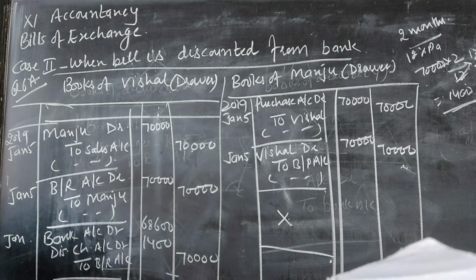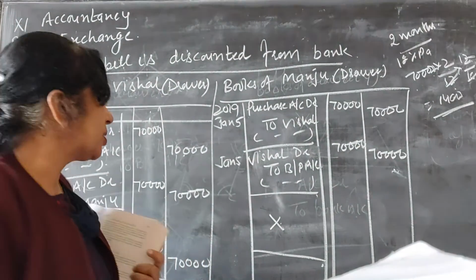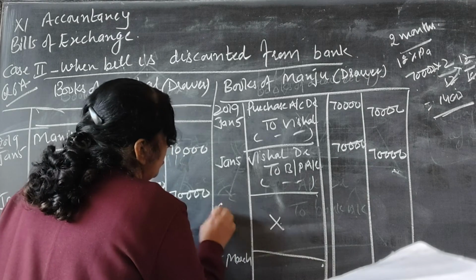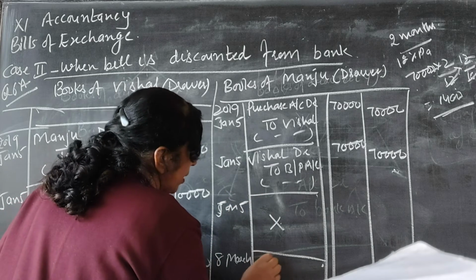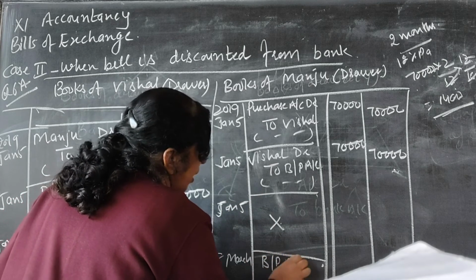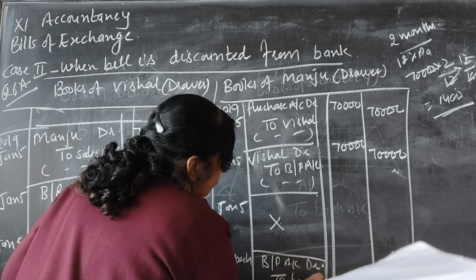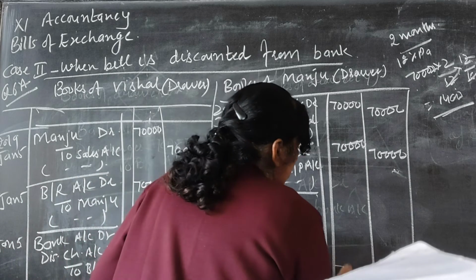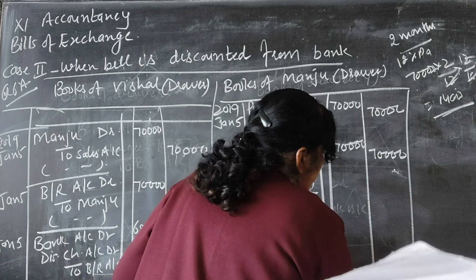Now the date of maturity, after 2 months: January 5, February 5, March 5, plus 3 days of grace, so 8th March is the date of maturity. On 5th January there was no entry; on 8th March, bills payable account debit to bank account, payment made on behalf of the bill, and we write here bill met on maturity. 70,000 payment is made by Manju against the bill.